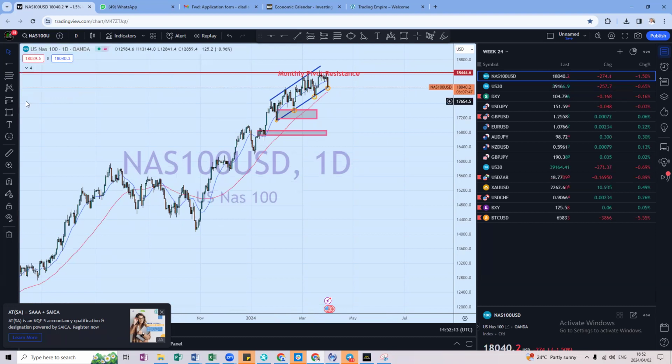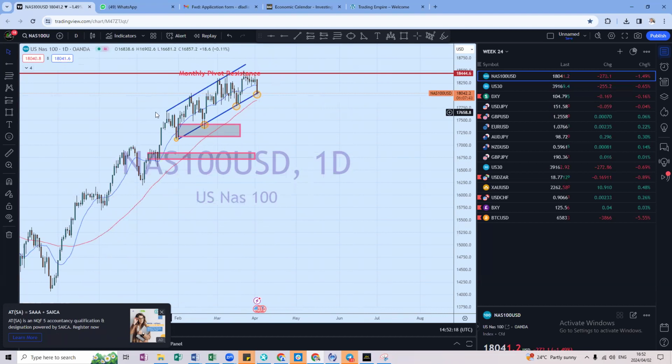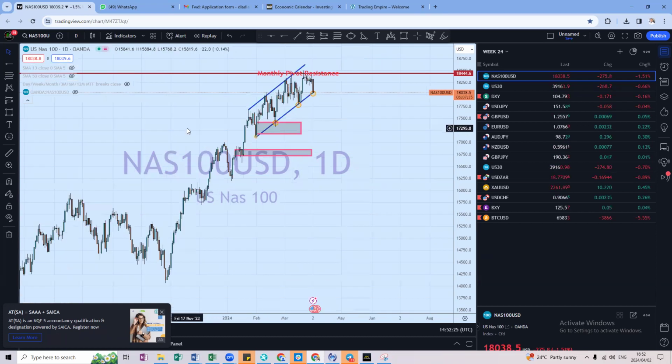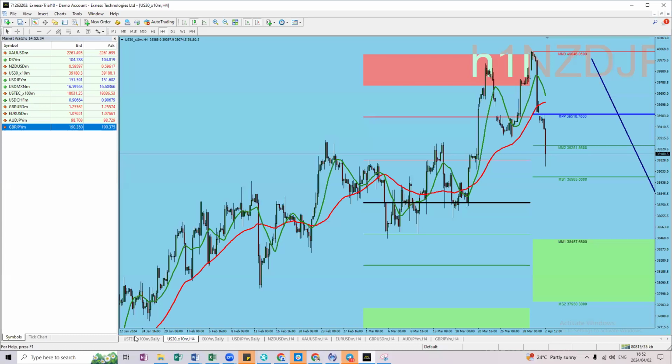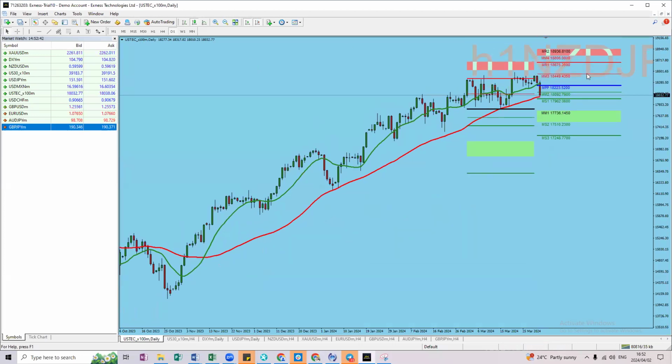Here I have an area called monthly pivots, right? From the tool that I use, I'm just going to open up my XNES portal terminal. That's my US30 NASDAQ. What I expect from NASDAQ is every time it touches the red areas, those are my resistance areas.